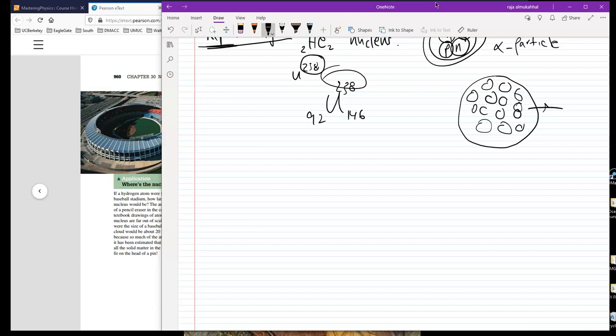Usually this emission is done by a very heavyweight, very large nucleus. You're not going to expect an alpha decay from, say, a carbon nucleus. Carbon is really small, only 6 protons and 6 neutrons. No matter how radioactive it is, it's not going to emit an alpha particle. Alpha emission only happens with really large nuclei, such as uranium, thorium, plutonium, and so on.